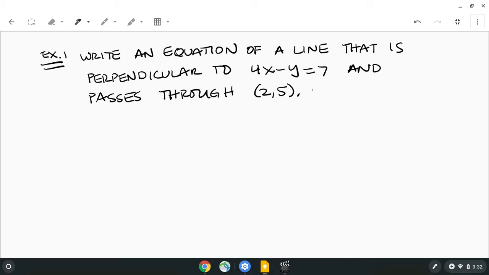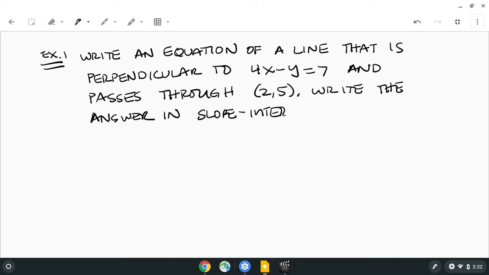And let's write the answer in slope-intercept form. Okay, slope-intercept form is the y equals mx plus b form.